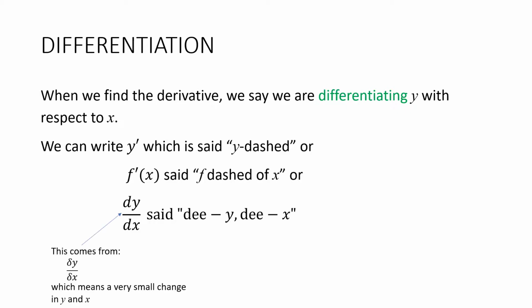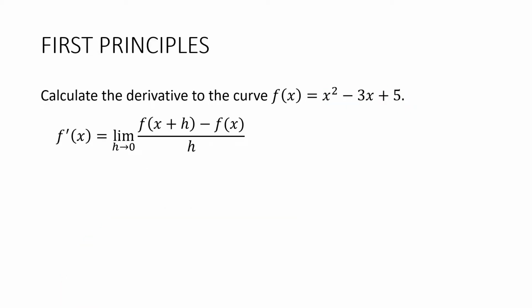Now this last one here comes from this notation here. This funny little squiggle here is a lowercase delta in the Greek alphabet, and it means a very small change in y and x. So it's kind of like the gradient formula, little change in y divided by a little change in x.